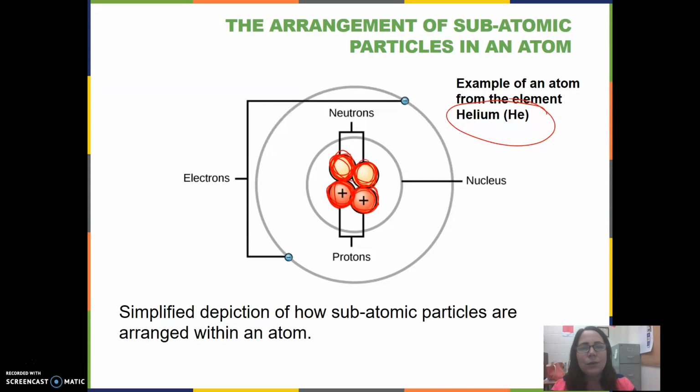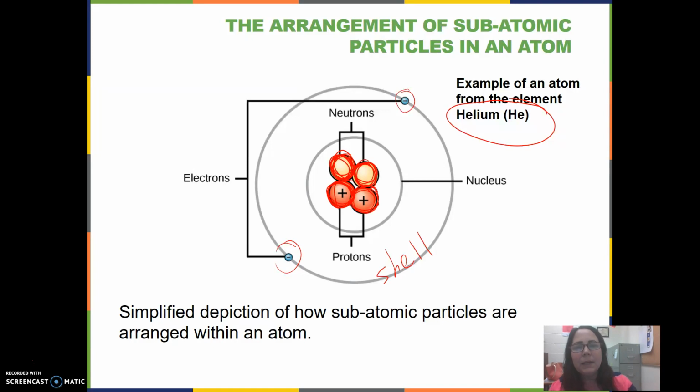And then we have 2 electrons located in the first energy level, or the first electron shell, or orbital. And here are those 2 electrons. So 2 protons, 2 neutrons, and 2 electrons.